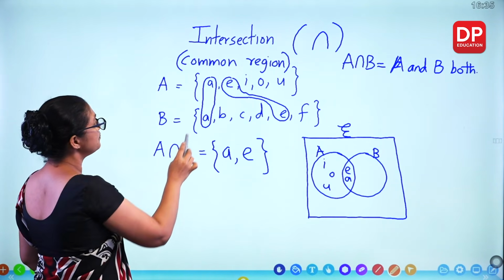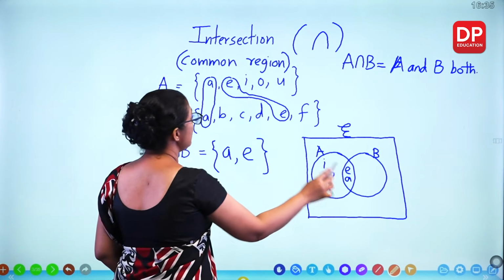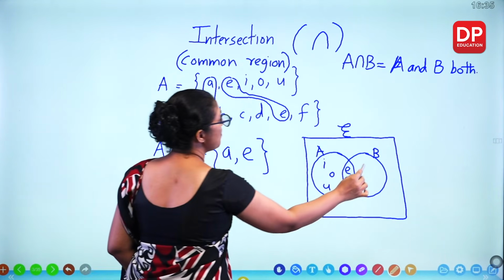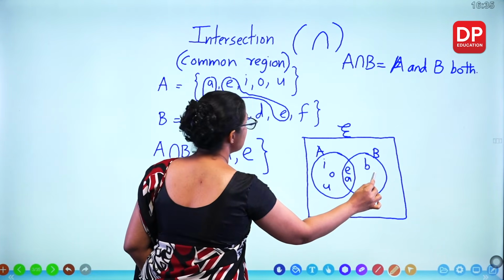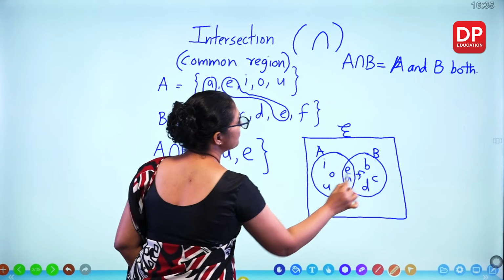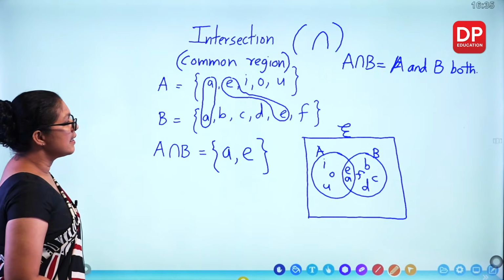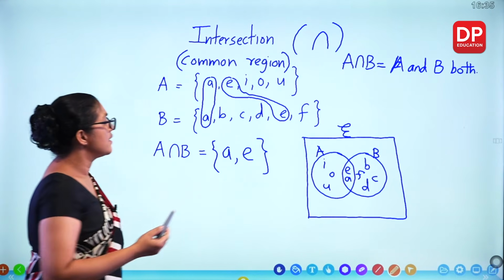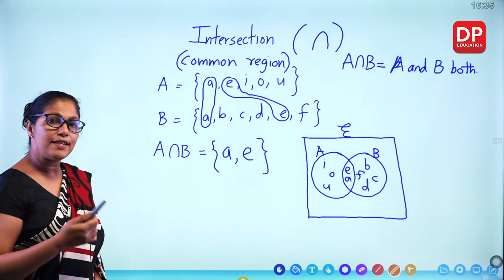What is B? a, e already there and the other parts inside B: b, c, d, f. And nothing outside.